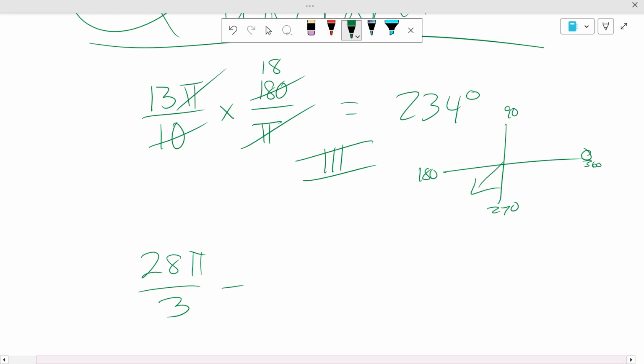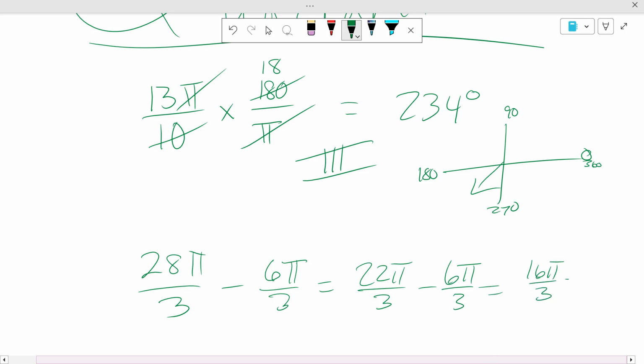Well, what's my common denominator going to be? 3. So 2 pi is the same as what over 3? 6 pi over 3. So I get 22 pi over 3, and that still seems big, so I subtract another 6 pi over 3. And then I get 16 pi over 3, and that still seems big, so I'll subtract another 6 pi over 3.